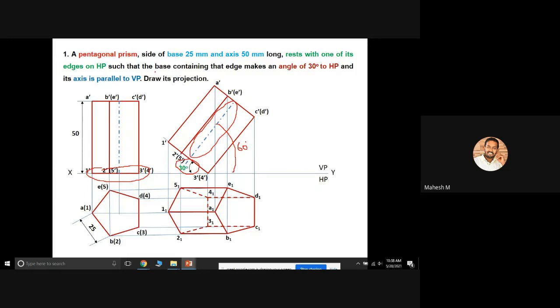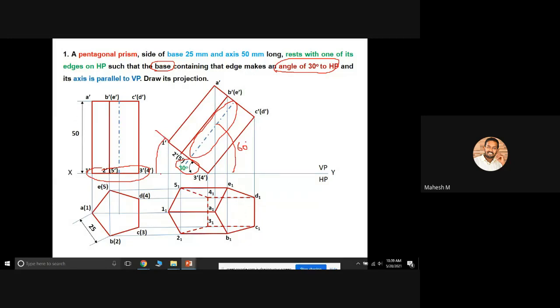Okay, நம்மளோட condition என்ன? Base containing the edges makes an angle of 30 degree to HP. That means நீ base தான் 30 degree வைக்கணும், axis 30 degree வைக்க கூடாது. So 1, 2, 3, 4, 5 is our base. So அதனால இந்த line தான் வந்து பாத்தீங்கன்னா 30 degree inclination இருக்கணும்.